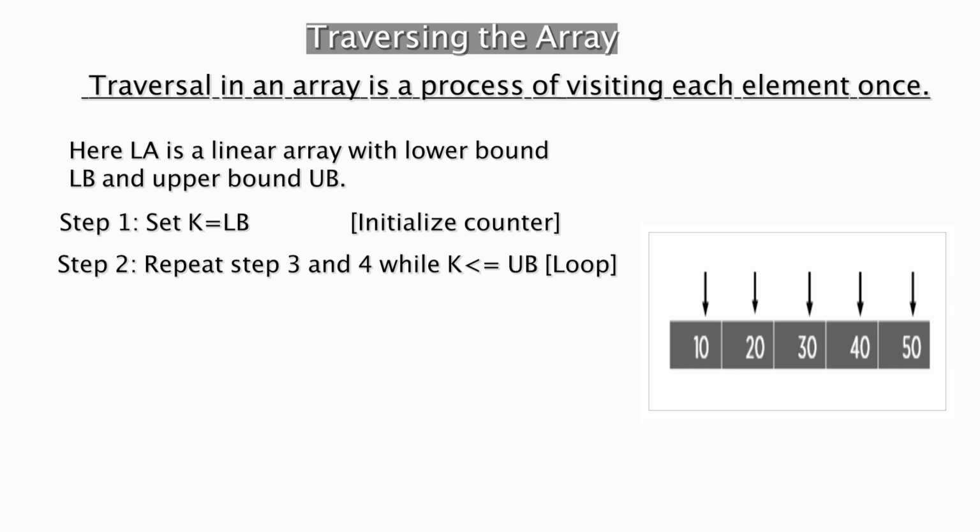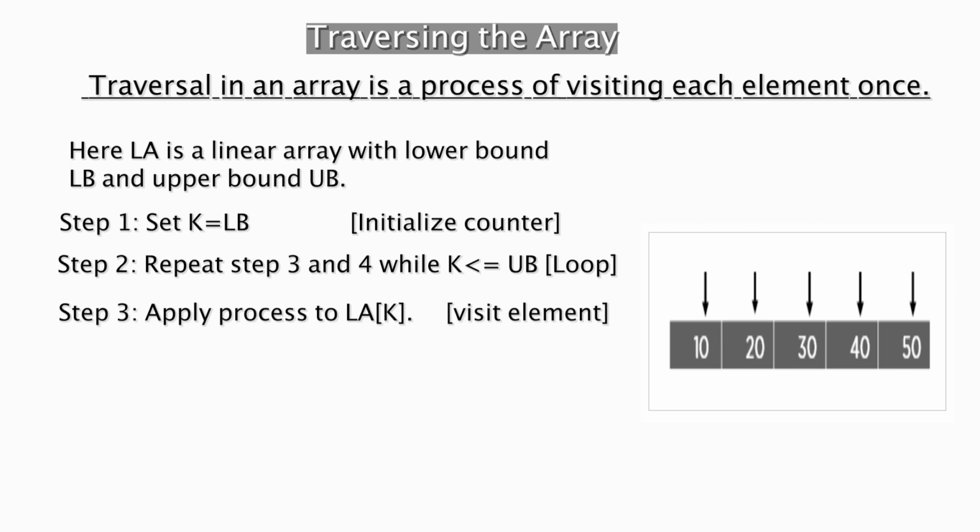Right now I fixed the k pointer at the lower bound address where the item value is 10. We are applying a loop from lower bound to upper bound. K will be moved from lower bound to upper bound. So we apply a condition k is less than or equal to the upper bound. In step 3, apply process to LA of k.